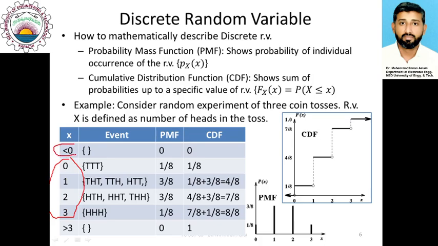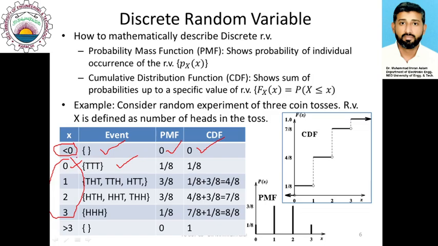For x less than 0, there will be no event because x cannot take any value which is less than 0. So of course the probability corresponding to x less than 0 is 0. So both PMF and CDF are 0. If I ask you to find the probability corresponding to x equal to 0, you can see that x equal to 0 is represented by only one outcome.